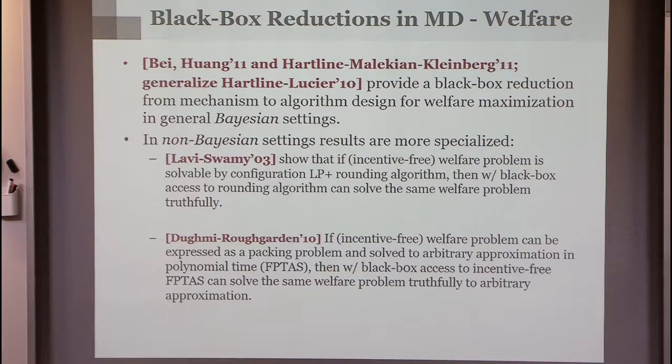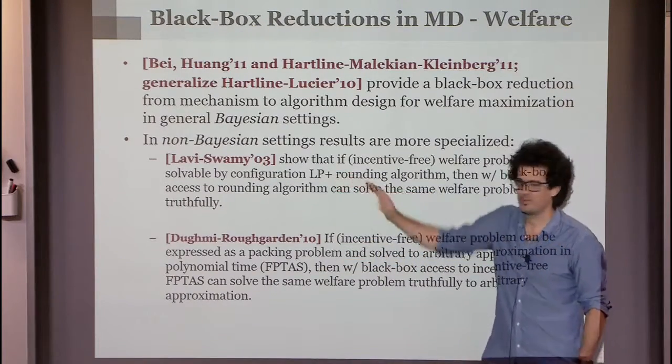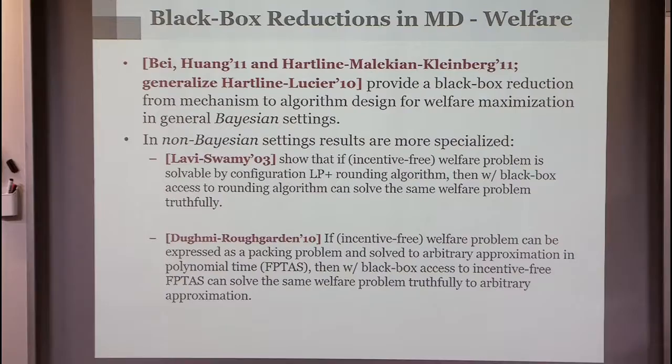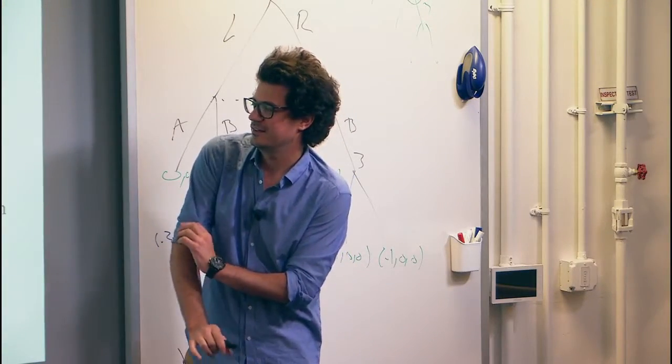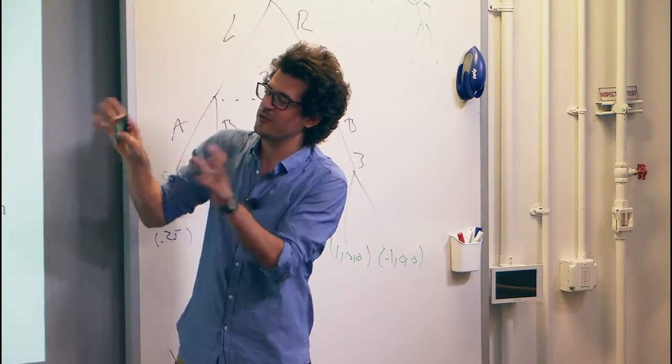Another result in the same vein is the following: if your welfare problem can be expressed as a packing problem, and sorry for the economists in the room if these are unknown words, I'm not giving the definition, but let's say I'm going to give you a flavor of these results.